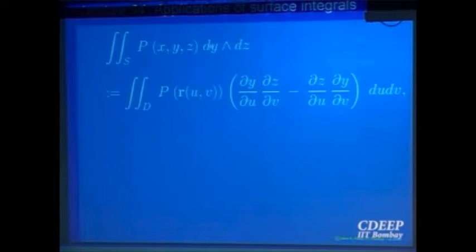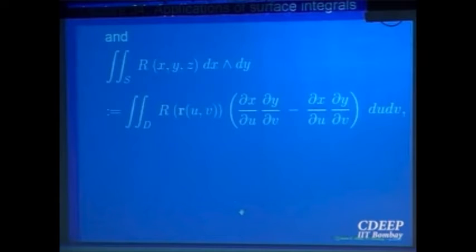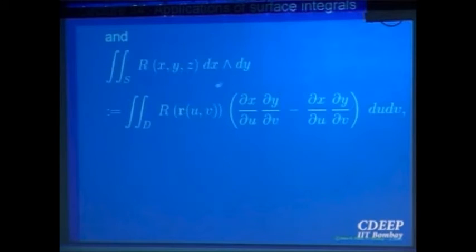It will be P dy dz plus Q, now cyclically you have to go. So for the Q, dz dx will be the corresponding thing here, and similarly the next one cyclically, dx dy. So always keep in mind the third one, that is R dx dy, right? Those corresponding things are coming. The order is important, otherwise you may make a mistake and get a negative sign, right?